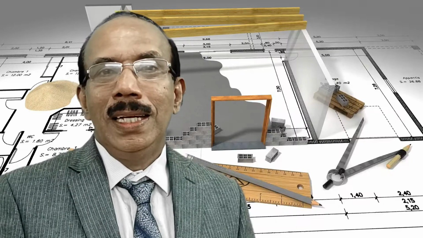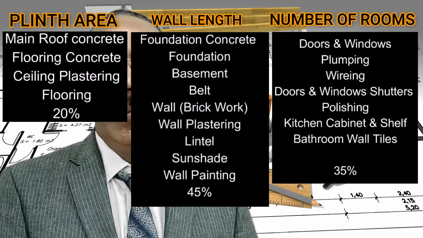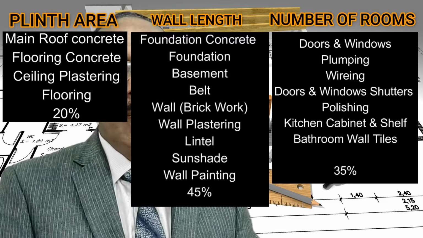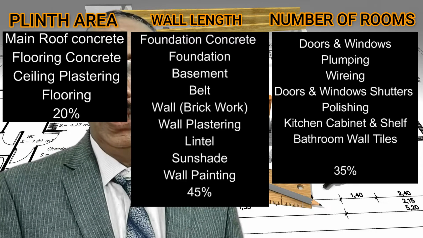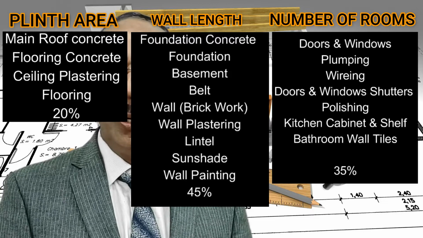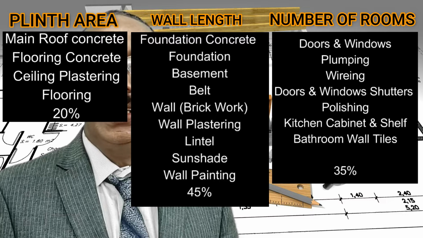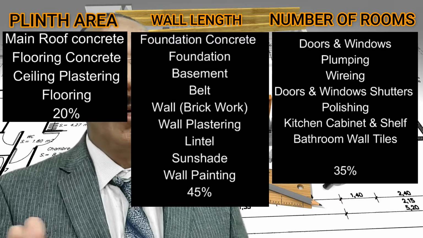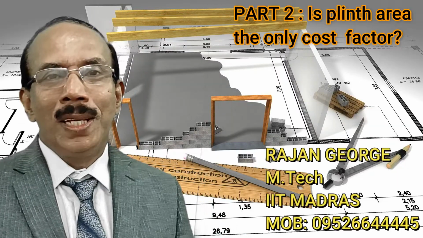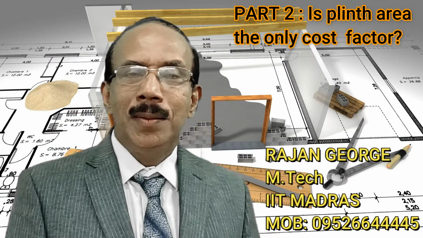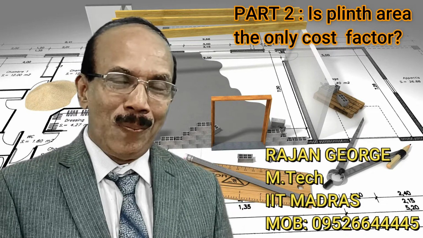So totally in a building, 20% of the cost is depending upon the plinth area, 45% of the cost is depending on the wall length, and 35% of the cost is depending upon the number of rooms. But the tragic part is, people believe plinth area is the only cost factor.